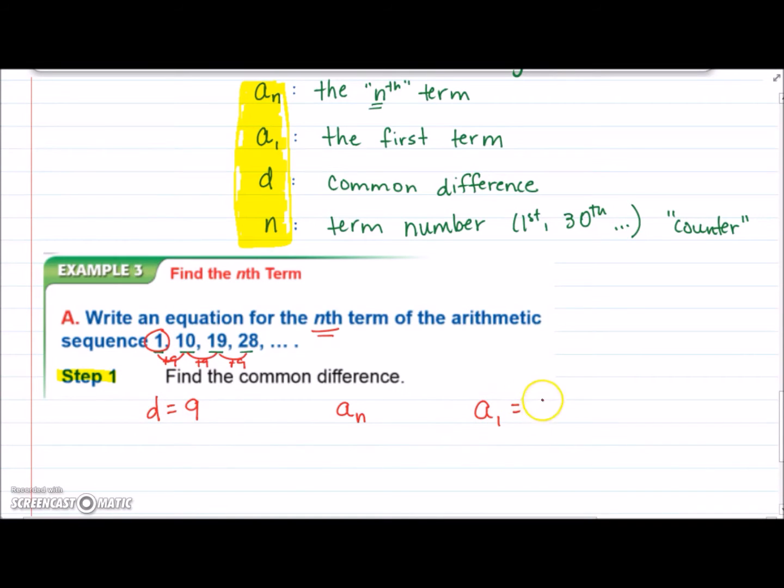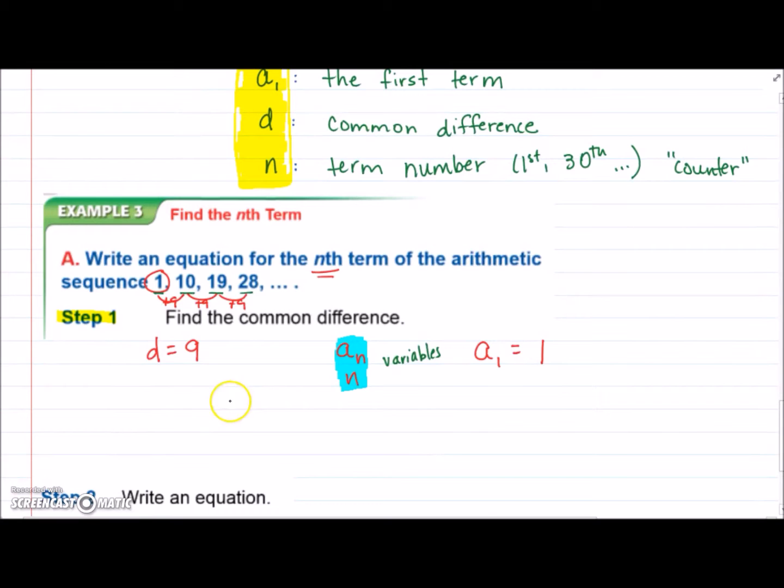That is 1. And we know the common difference. And then n we're going to use. Just to give you a heads up, these are our variables here. This is like our x and our y.